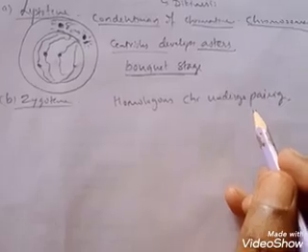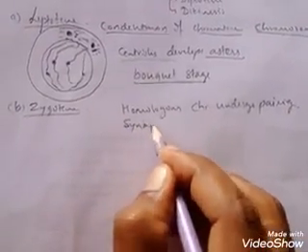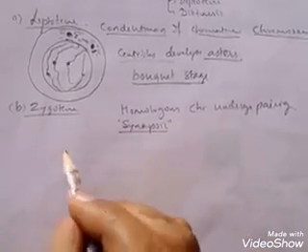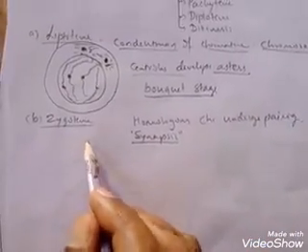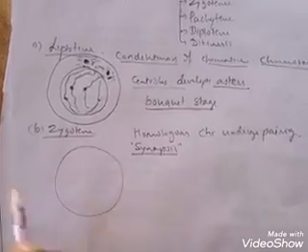Here, this process is called synapsis. The synapsis takes place here. Homologous chromosomes means the morphologically similar chromosomes.